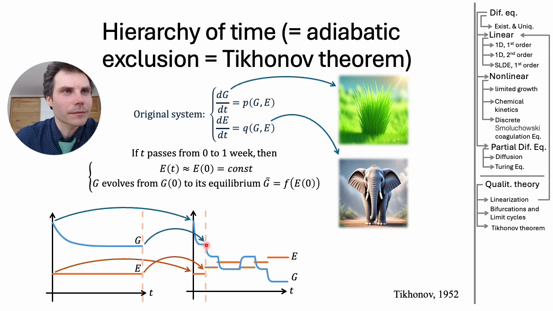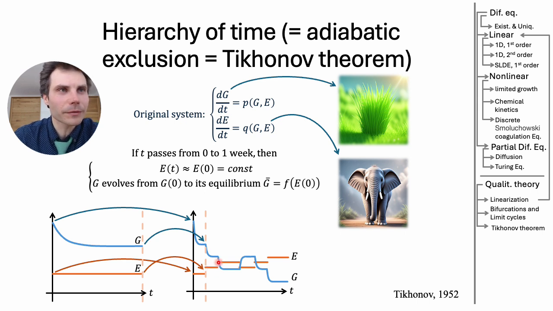And the grass dropped again a little bit, because the elephant population changed. But again, it changes very slowly. It stays steady most of the time. The grass dropped almost instantaneously and again stabilized at a new stationary state, a stationary state that is dependent on the new value of E, on the new population of elephants.